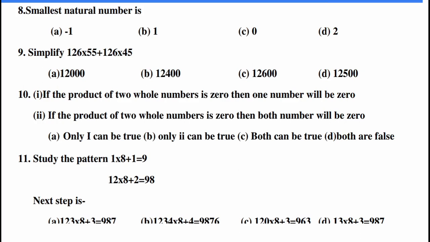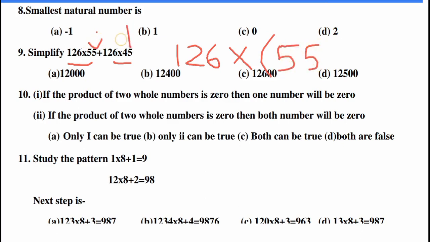Simplify 126 multiplied by 55 plus 126 multiplied by 45. Again here one number is common in both terms, that is 126. Then the multiplication sign as it is. Then what is left in this term? It is 55, and in the second term it is 45.